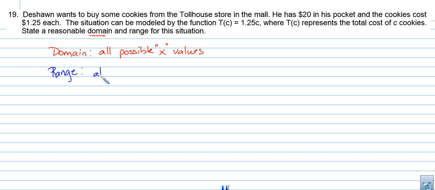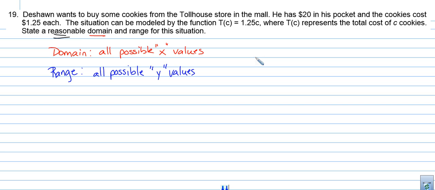It's going to say all possible y values. And so when it says state reasonable domain and range, it wants you to say what would make sense in real life terms. And sometimes you got to do one and then do the other one and then go back and fix the other one based on the parameters. Okay? And parameters are like the things restricting you in the question.